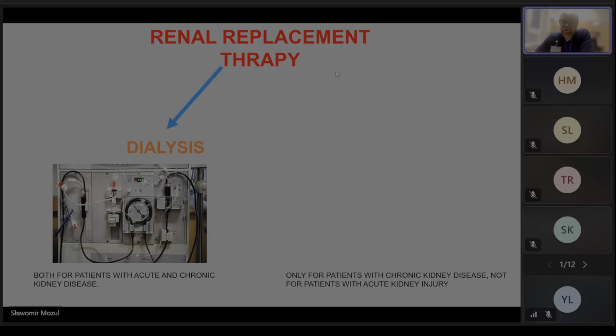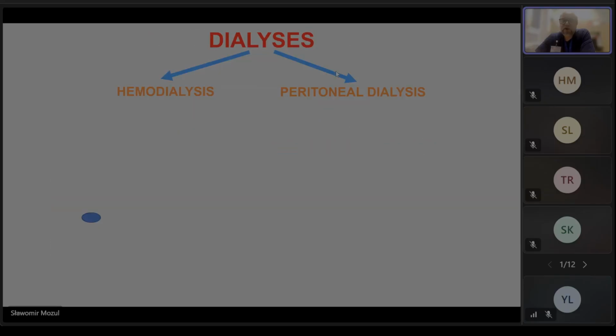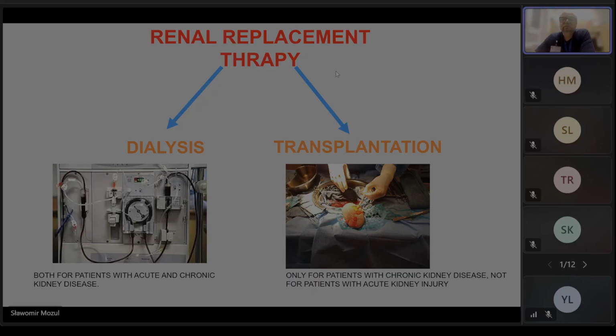We'll begin with renal replacement therapy, which is generally divided into two main branches: dialysis therapy and kidney transplantation.